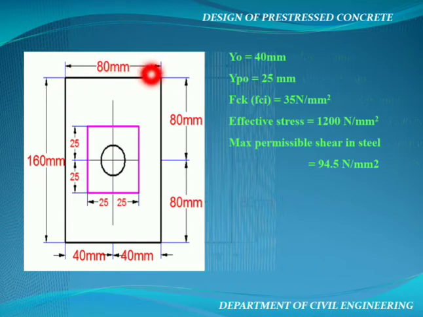So in this case, as we have a section of 80 by 160, the smallest size will be 80 mm, which is the width of the beam. So this 80 mm is nothing but 2 times y0. Hence y0 will be 80 by 2, which is 40. So whenever you get a rectangle, see that the y0 value is half of the smallest side, either the width or the depth.